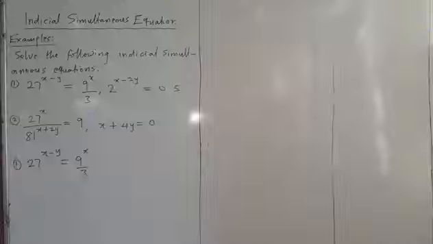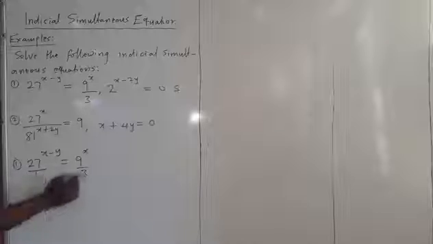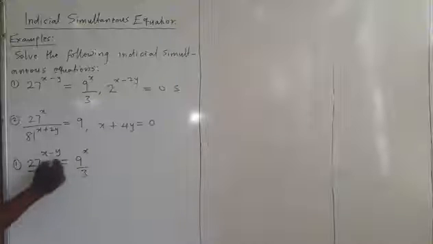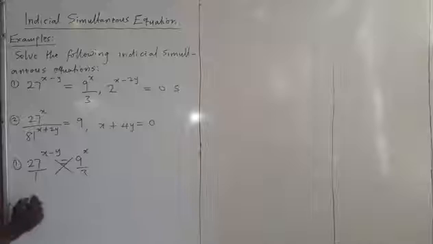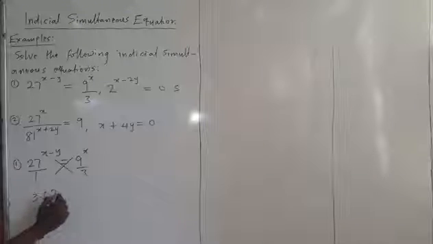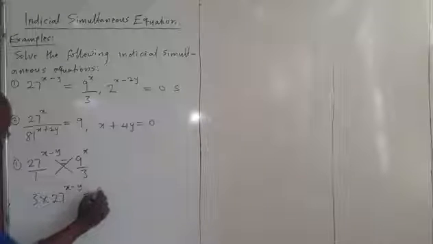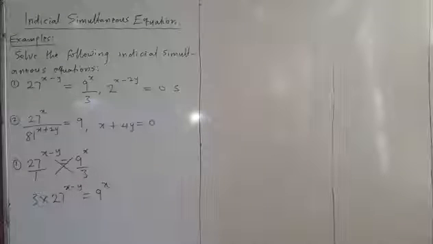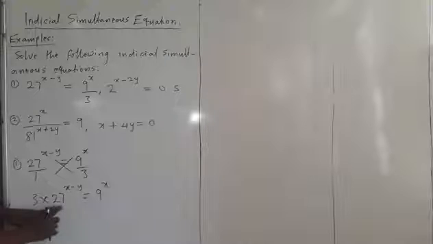We have many ways of solving this, but I would like to use this method, which is to cross multiply first. So if I cross multiply, it's going to be 3 multiplied by 27 raised to power x minus y equals 9 raised to power of x. The next thing to do is to express 3, 27, and 9 in the same base.